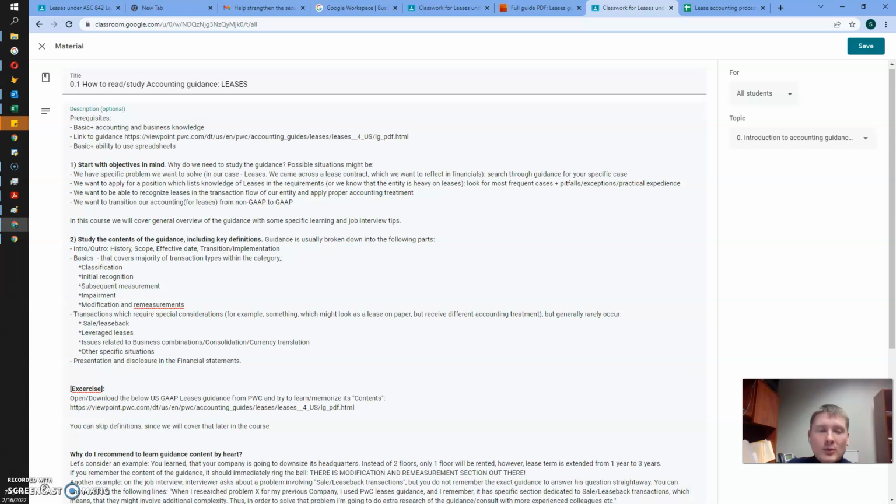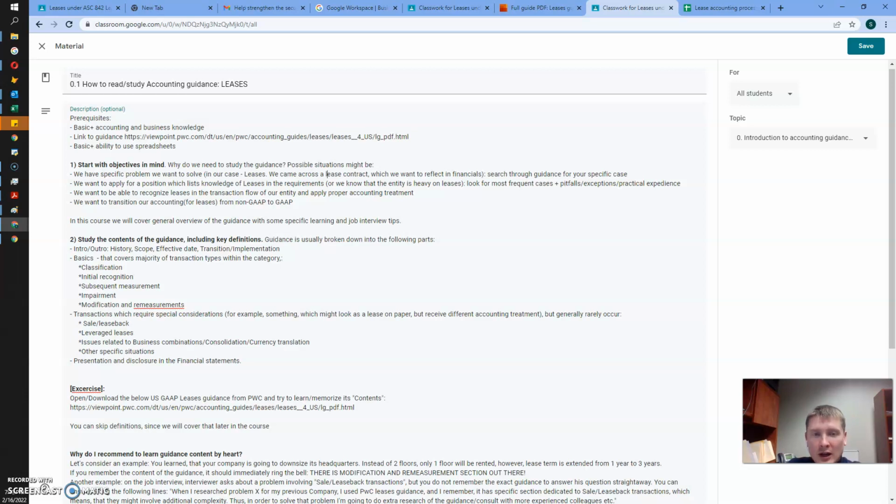Or if we are already working in the company and we know that we will be exposed to lease agreements, we want to be able to distinguish between different lease agreements and be able to spot a lease in some other type of agreements, like some revenue agreements might include lease components.